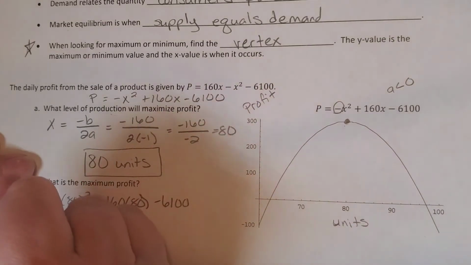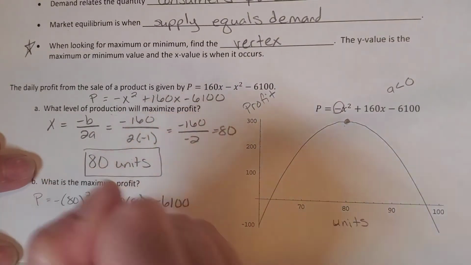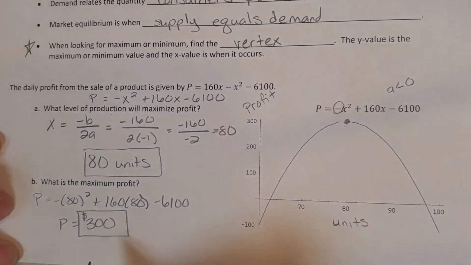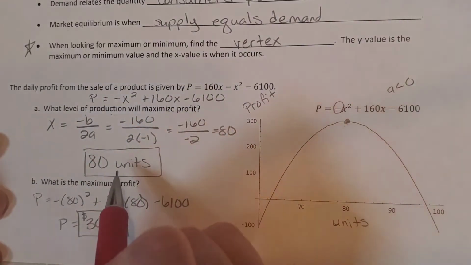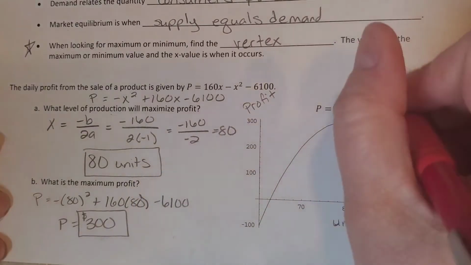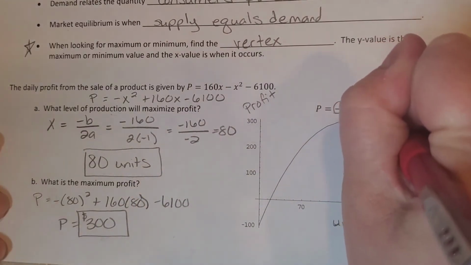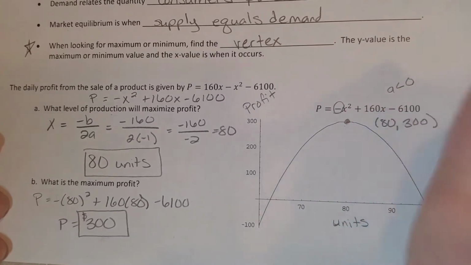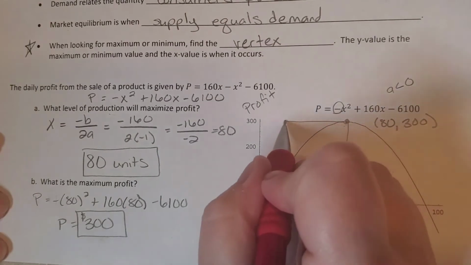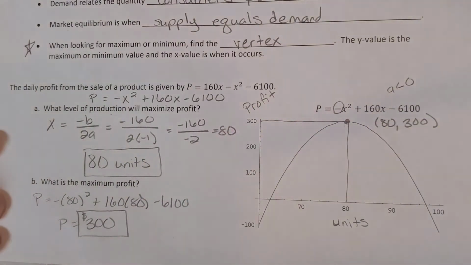Simplifying that, we get 300. That tells us that our maximum profit is $300, and we produce that maximum profit when we produce and sell 80 units. And again, we can see that here. This point, the maximum, would be the point (80, 300). So we can see that at 80 units, we have a profit of $300.